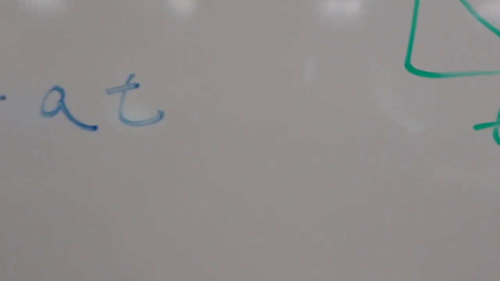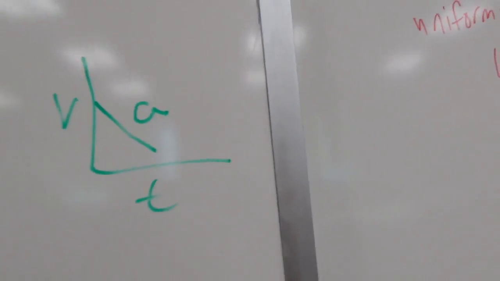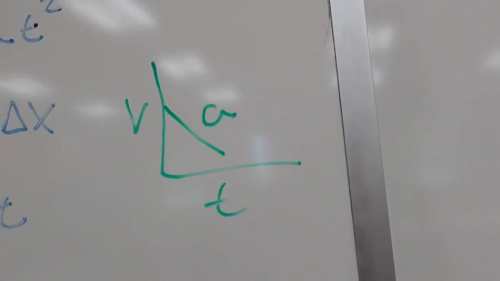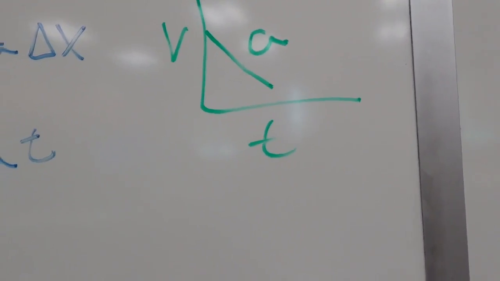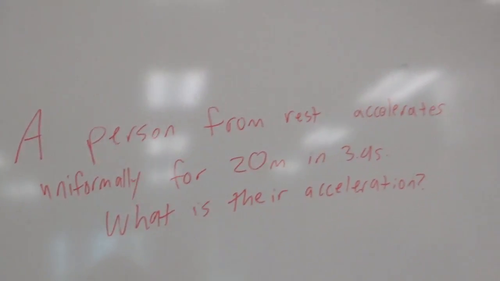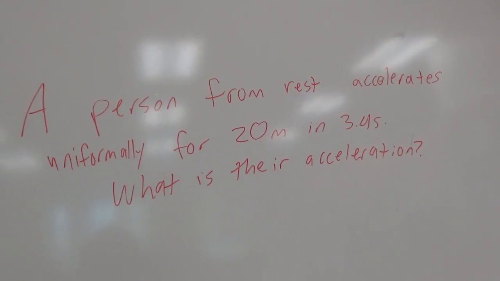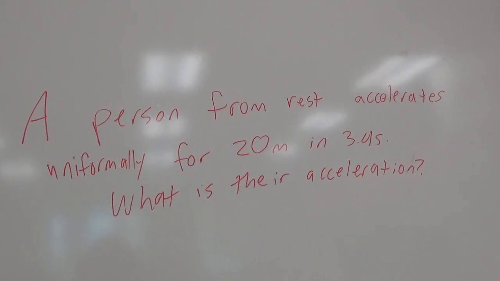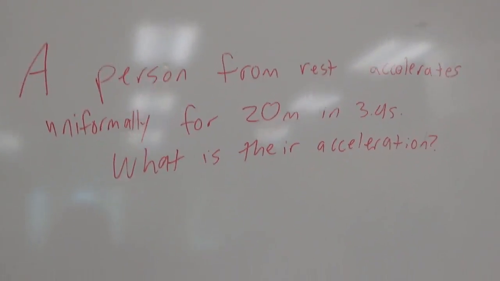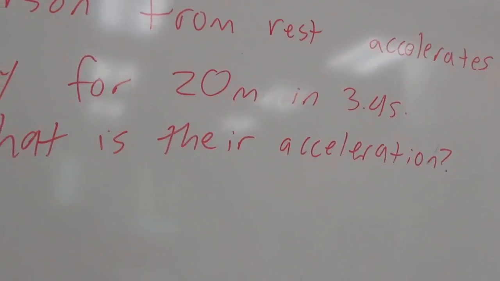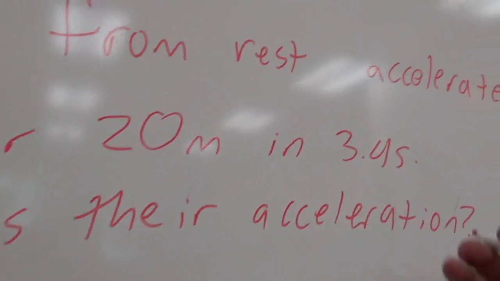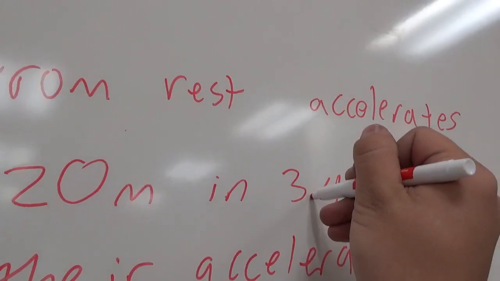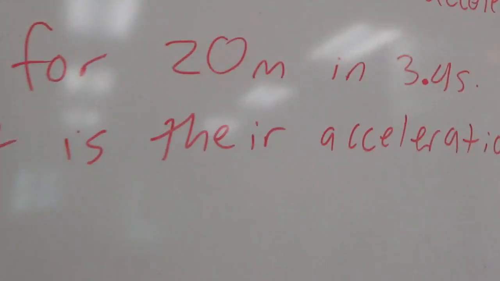Now, that worked out just fine, right? We did perfectly fine learning that, but what if we got a question like this? A person from rest, they accelerate uniformly for 20 meters within, that's a 3.4, that's not 34, that's a 3.4 seconds.